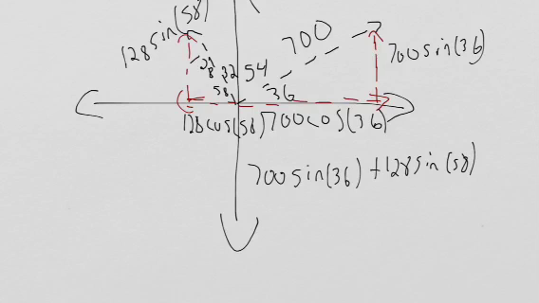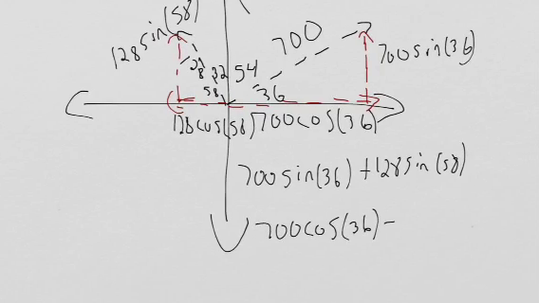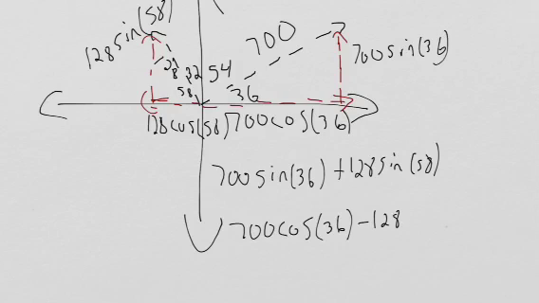And then we're going to get 700 cosine 36 minus 128 cosine of 58.